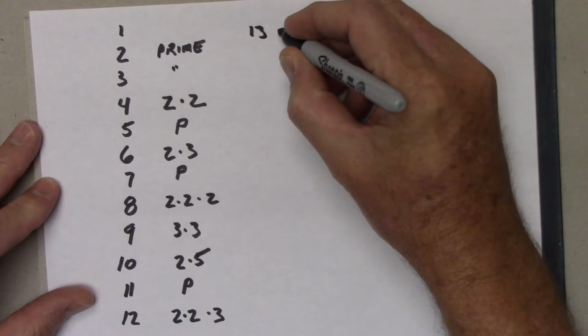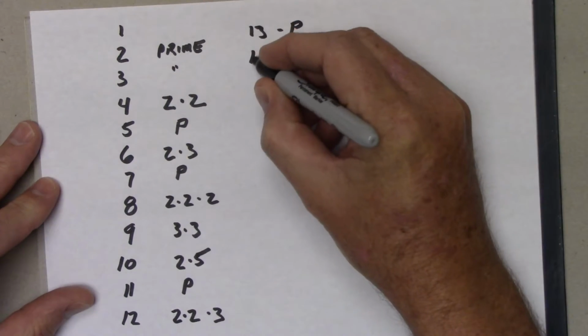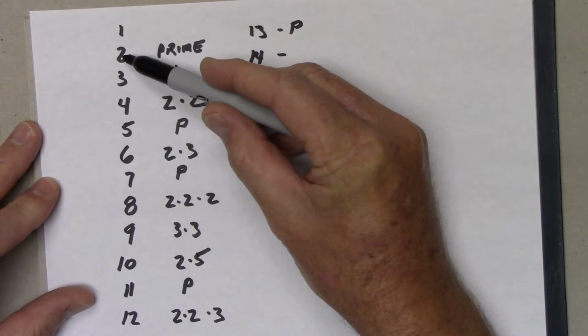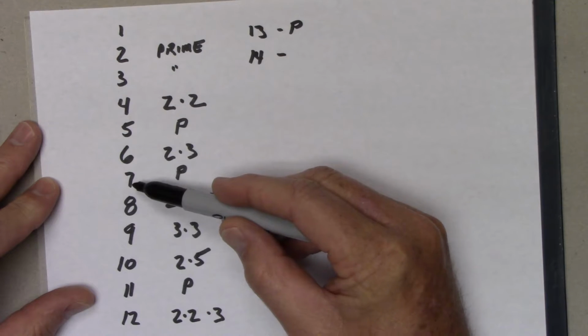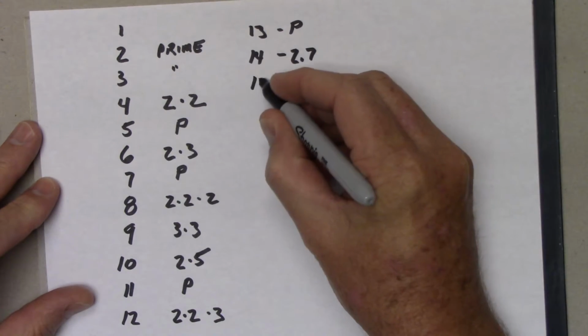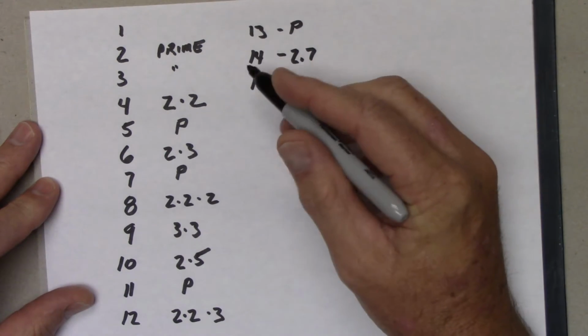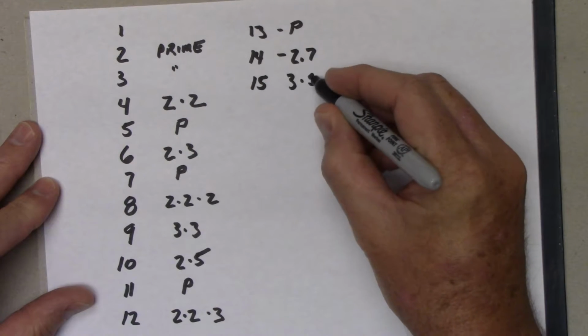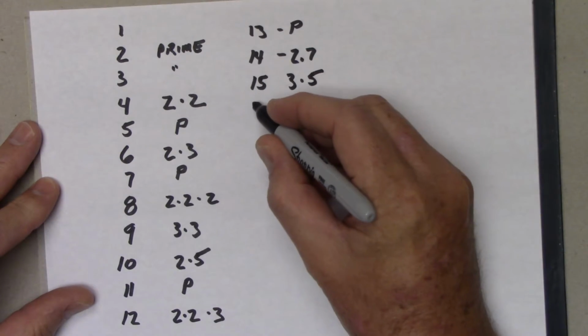13 is prime. 14 we make by multiplying prime number of 2 and the prime number of 7. 15 we make by multiplying the prime of 3 and the prime of 5. 16.